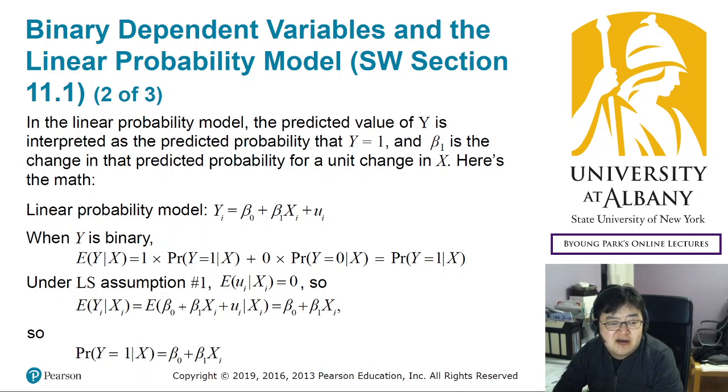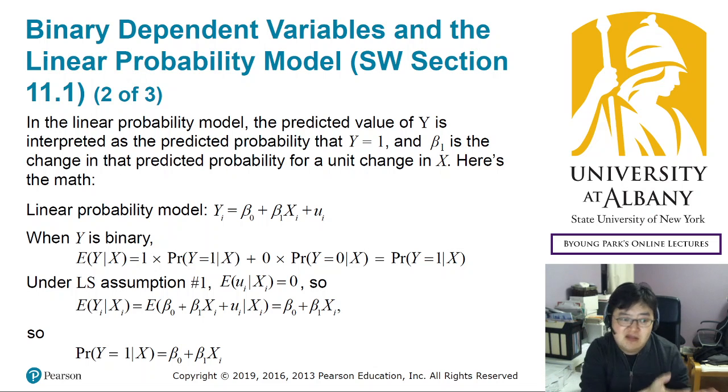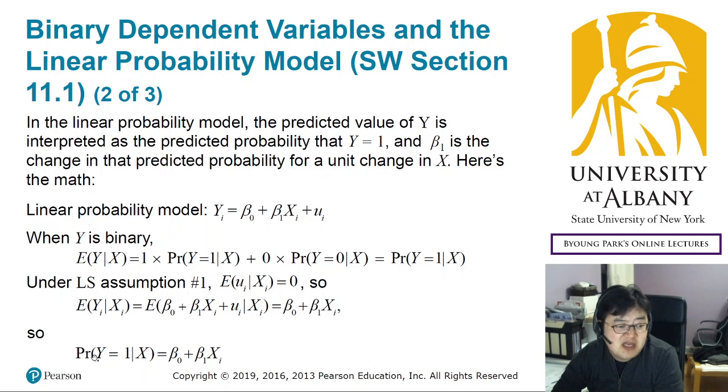I introduced it as if it's a problem, but actually it's a nice property. You may choose whatever you like, and if you need a mean, then you may apply the methods and then interpret it as a probability. In conclusion, we are estimating the probability that your application is accepted, given your income.